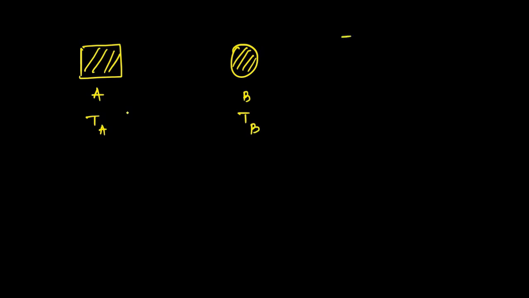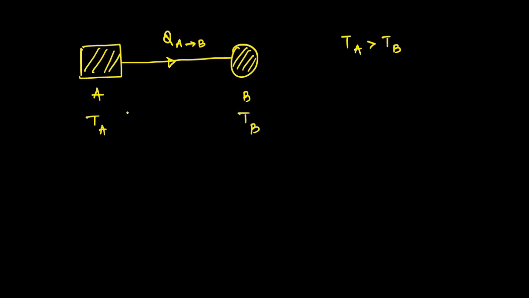Now let's say TA is greater than TB. Now let's say we connect these two objects. Let's say we bring them in thermal contact with each other. So obviously here the heat will flow from A to B.